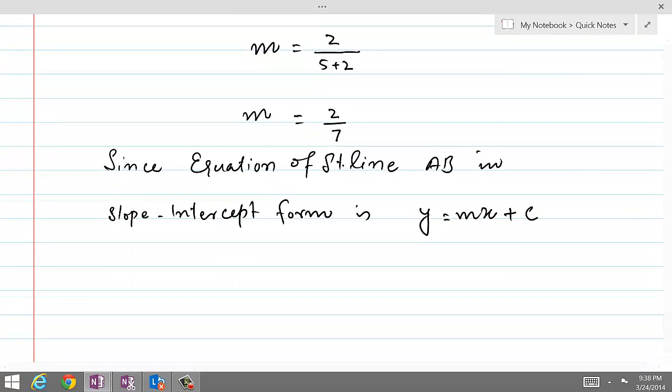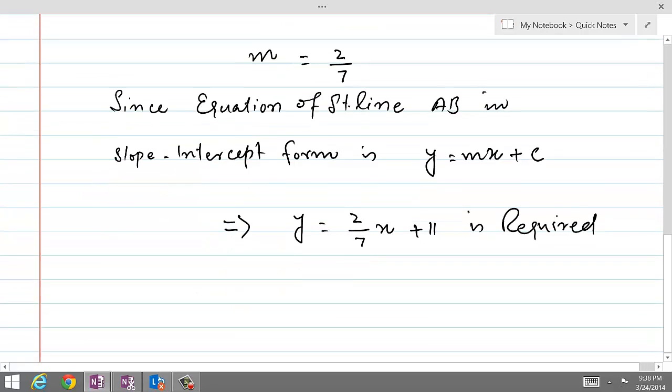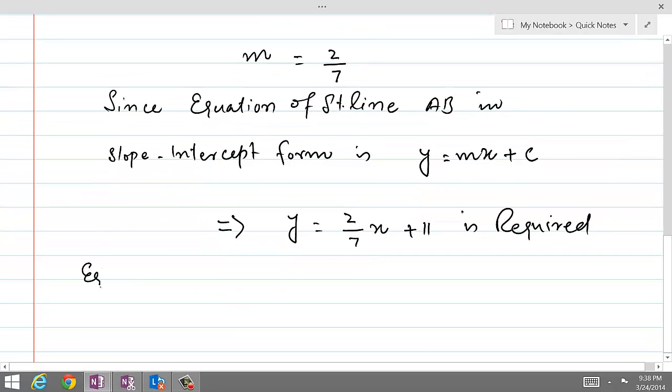We have both of these parameters, therefore we can plug this in, and y is equal to 2 over 7 x plus 11, for the value of c, is the required equation of side AB.